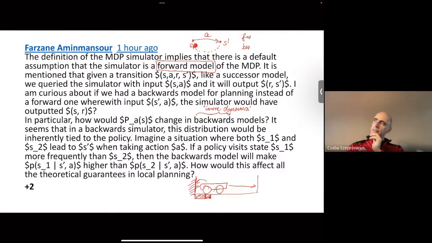This whole thing reminds me that in classical planning in AI, people talk about reversible actions, which is basically that you can go backwards. And then there is goal-oriented planning, right?